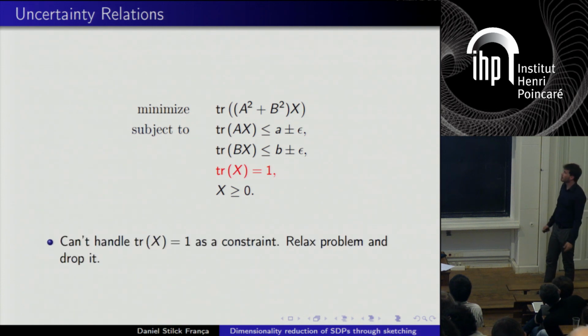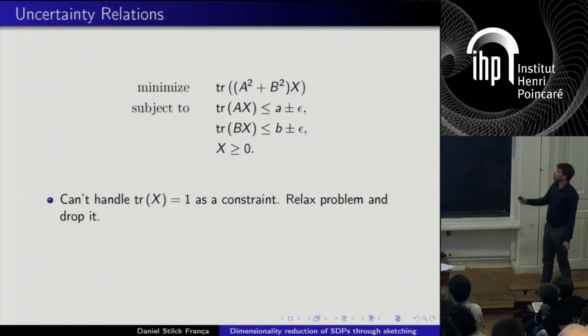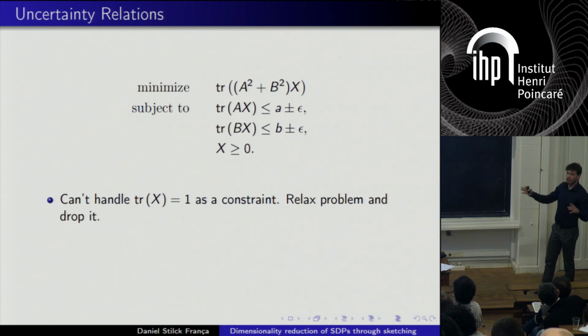So what do we do? We just drop it and look at what we get if we increase our feasible set by not only optimizing over states, but rather over positive semidefinite matrices which satisfy these two constraints.